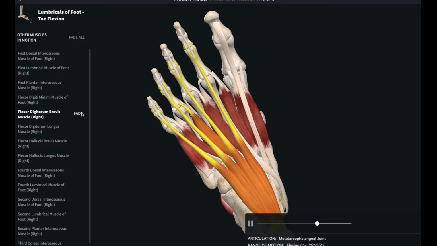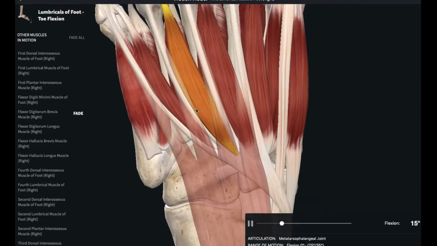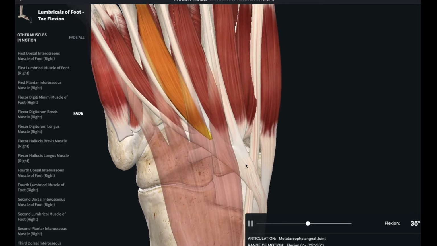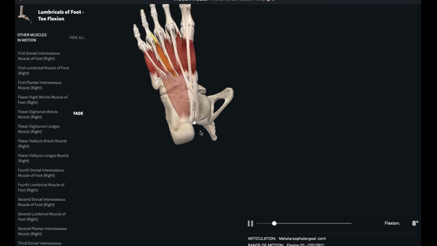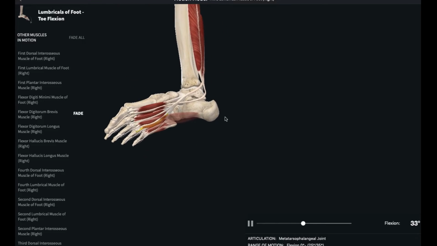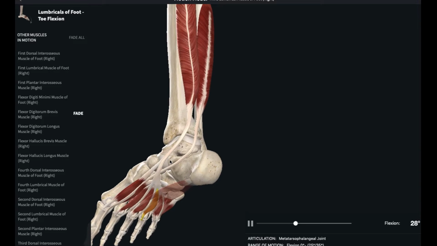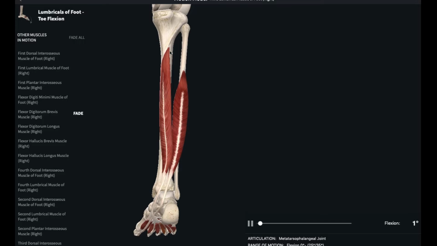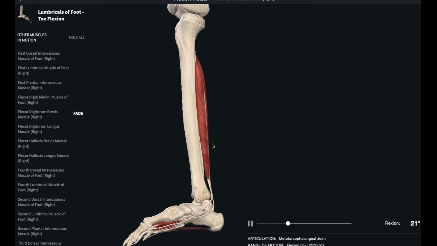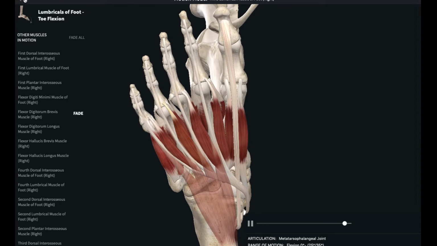Let's get rid of that one at least. There. You can see how it's getting pulled onto the tendons of the flexor digitorum longus. Now that would be going towards here. That makes sense, like that. But we'll get back to that in a bit. Okay, now let's continue.